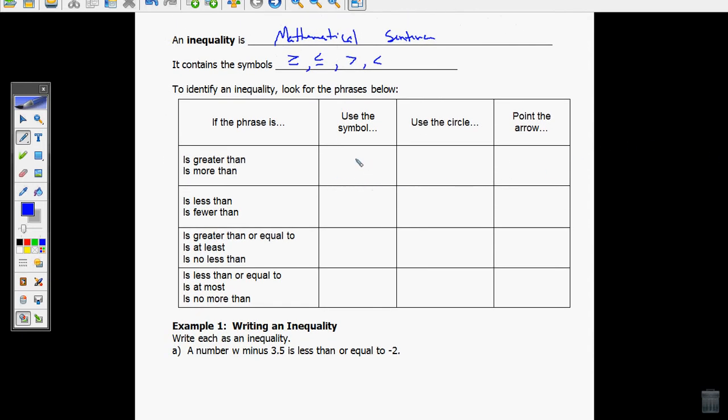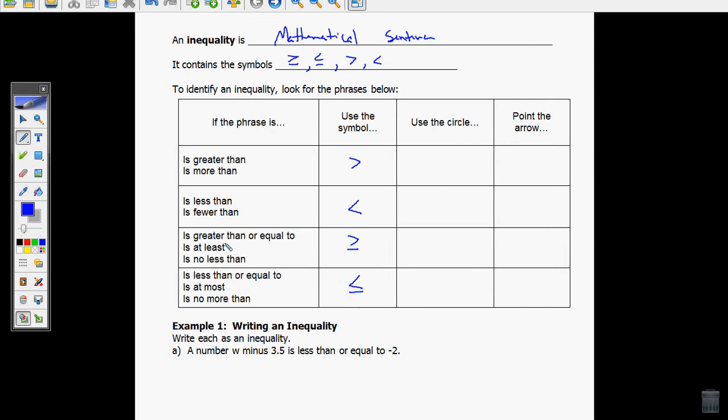So the "is greater than" or "is more than" phrase corresponds to just that simple symbol. The "is less than" or "is fewer than" phrasing corresponds to the less than symbol. The "is greater than or equal to" uses that greater than or equal to symbol, and "is less than or equal to" uses the less than or equal to symbol.